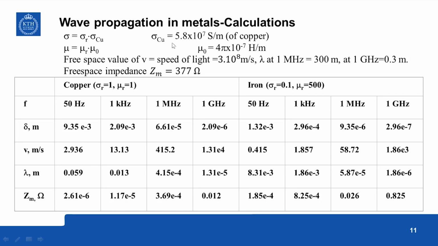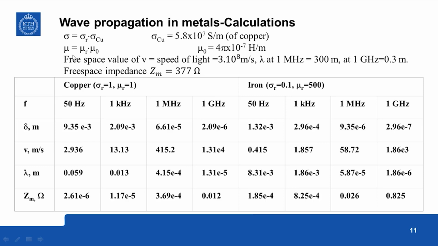Usually the materials that we use in electrical engineering are copper, aluminum, iron, or some combinations of that. Among them, this has got the highest conductivity. So we take it as a reference for easiness. So conductivity can be represented as a reference conductivity times conductivity of copper.